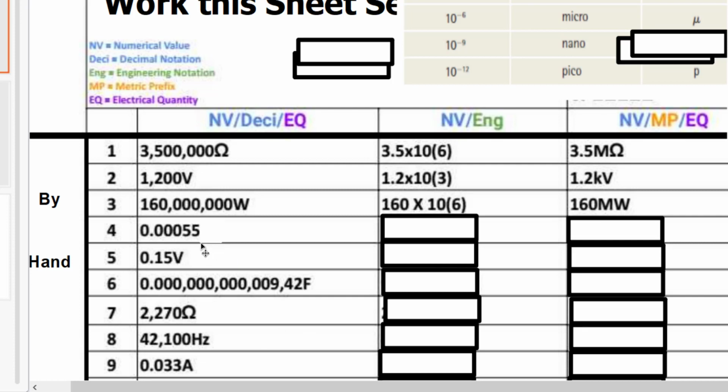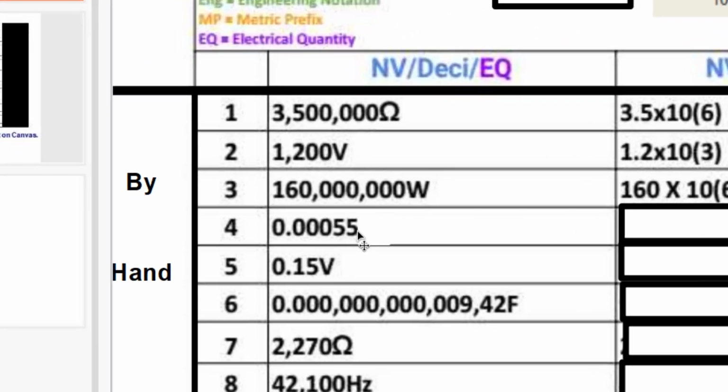Just by human nature, I want to put my decimal point behind that second 5. But if I did that, my conversion number would be 55 times 10 to the 5th, which is not a multiple of 3, obviously. But if I jump in jumps of 3, it shows me that I have to go 1, 2, 3. Now I'm locked into a second jump of 3 because I want my exponent to be a multiple of 3.